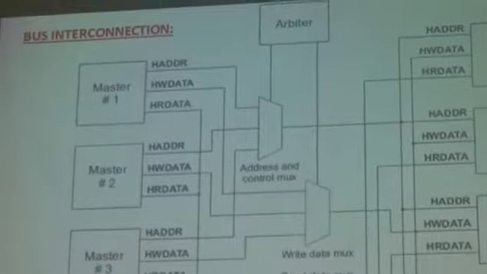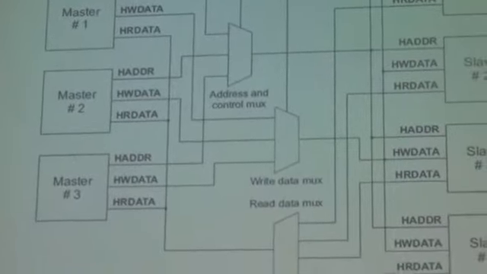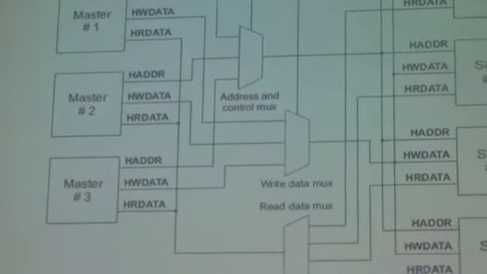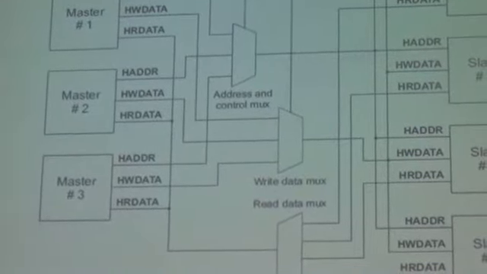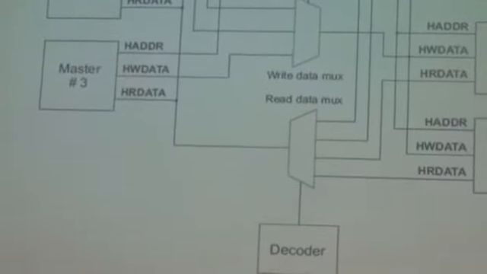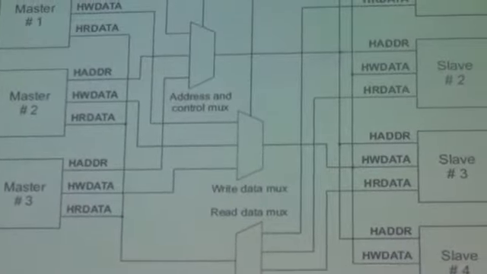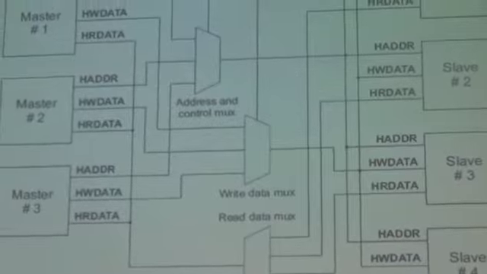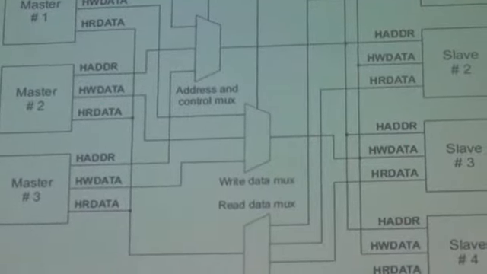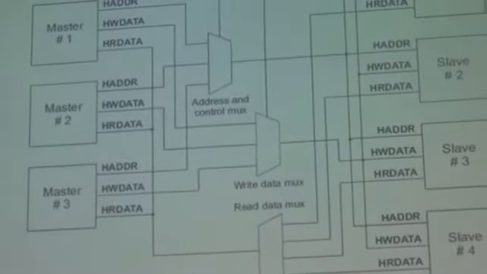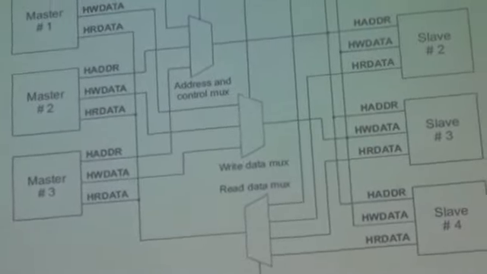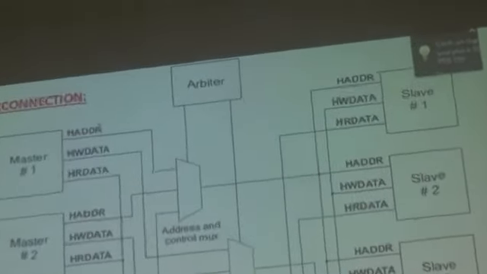while HWDATA of master 1 is taken to the write data mux, and HWDATA of master 2 is also taken to the write data mux, HWDATA of master 3 is also taken to the write data mux. In this way, all the address, write data and control signals are sent to their respective muxes, and the control of selecting these signals is in the hands of the arbiter.